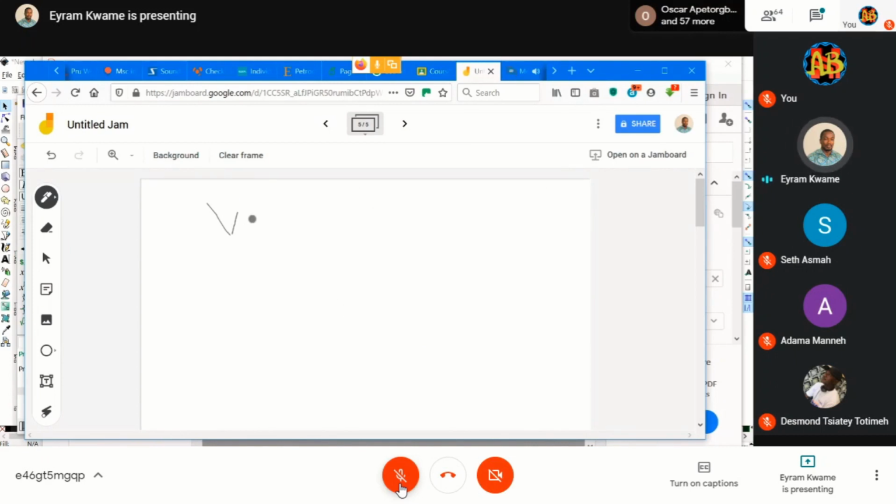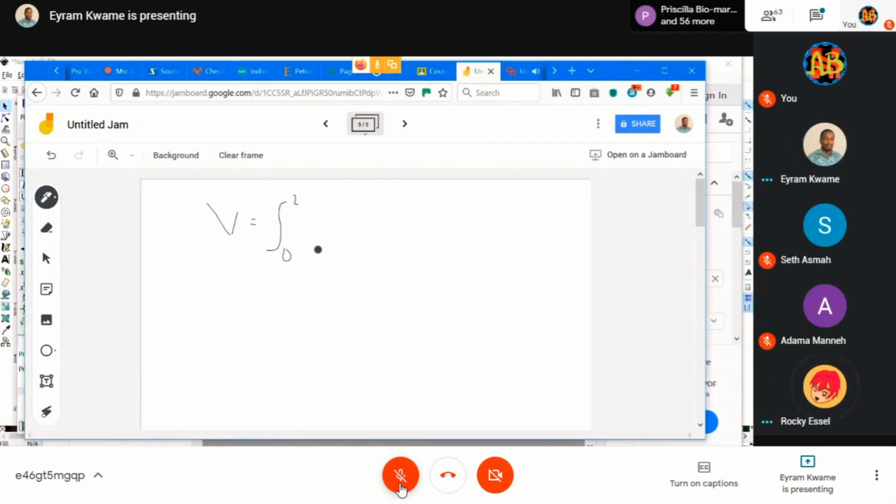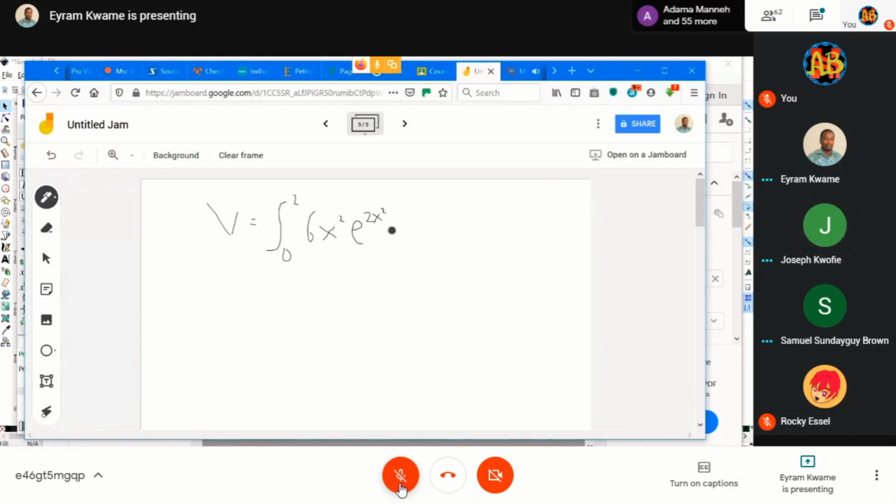My volume becomes the integral from 0 to 2 of 6x squared and then the other result: x to the fifth power times e raised to the power x cubed, minus 1.